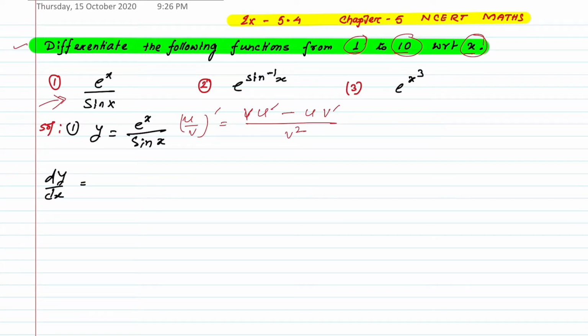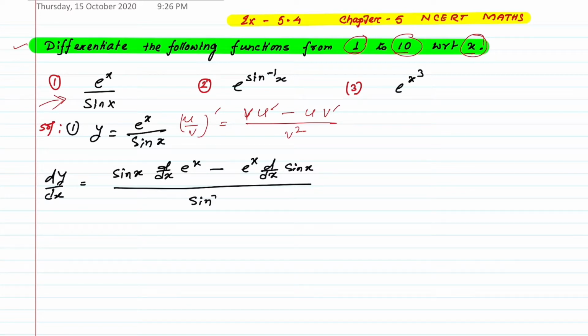If you differentiate with respect to x, then here the denominator is sin x, derivative of e to the power x, minus e to the power x numerator, then derivative of the denominator, derivative of sin x, divided by sin square x, that means square of the denominator.